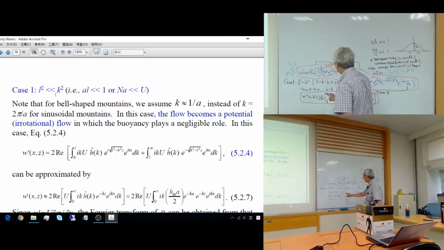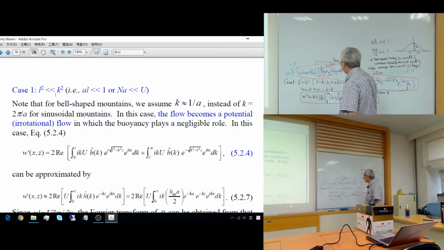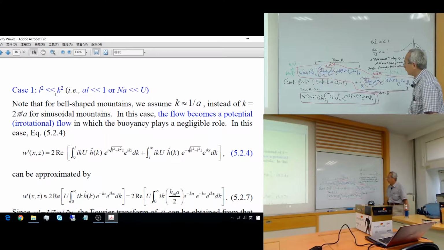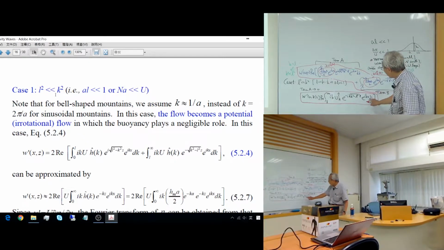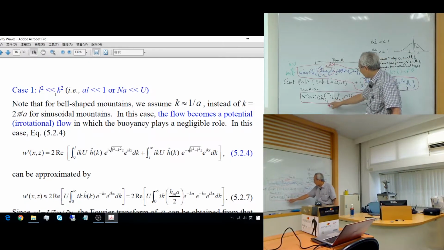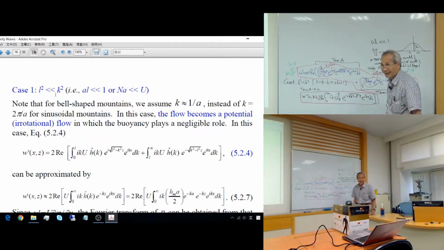That's the solution for L square much less than k square. Term A goes away, right? Because term A doesn't even have k greater than L. Since k is much greater than L, the integral is approximately from 0 to infinity.